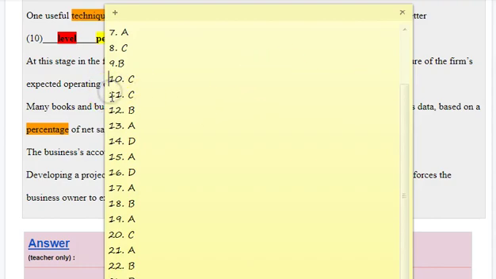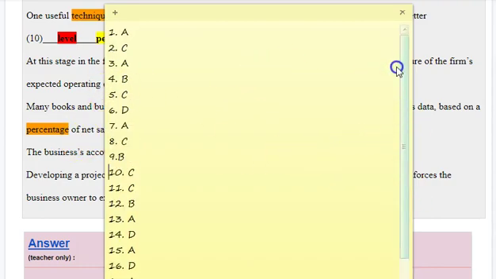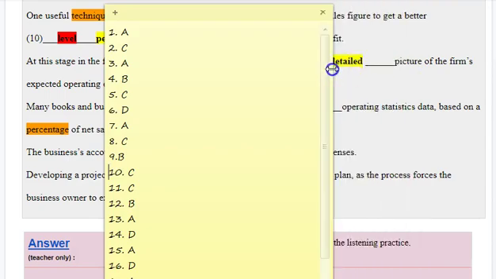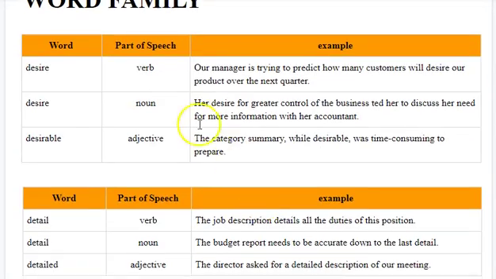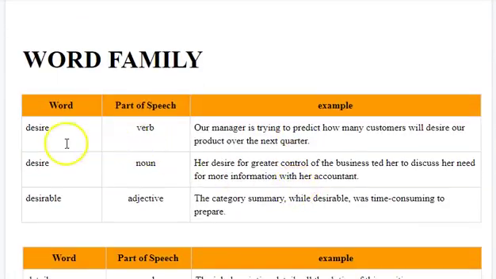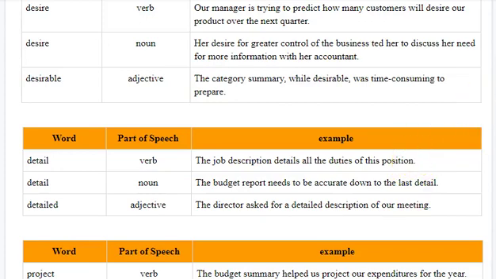Do you have questions before we proceed? No. Okay, so let us proceed to word family. Kindly read all of these. Desire, verb. Our manager is trying to predict how many customers will desire our product over the next quarter.